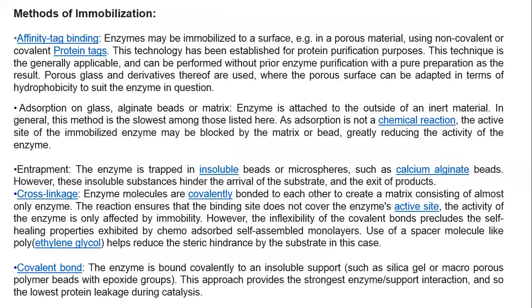These methods are described here. I will give the details in the notes, so you can go through them, and that will make it easier to understand the process of enzyme immobilization.